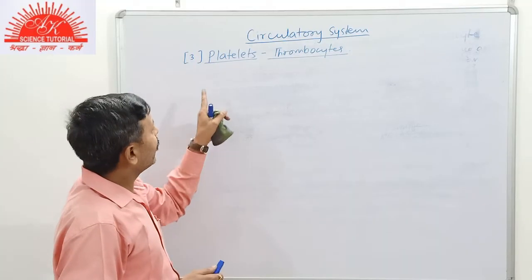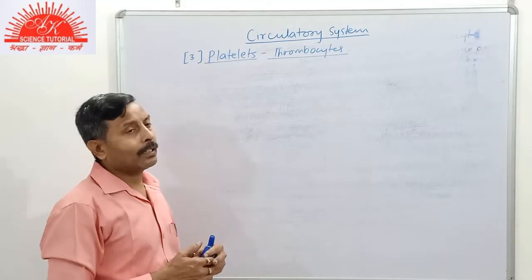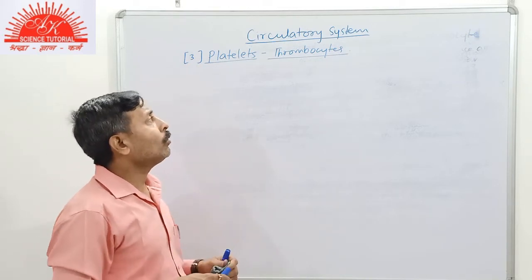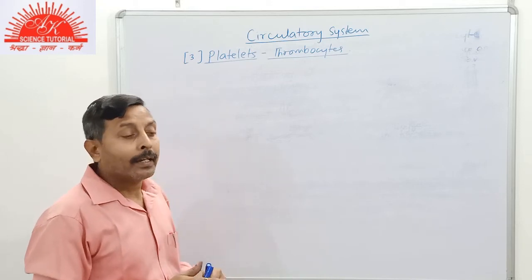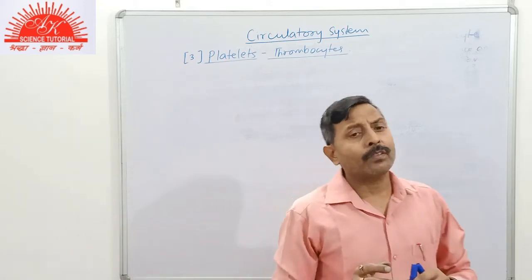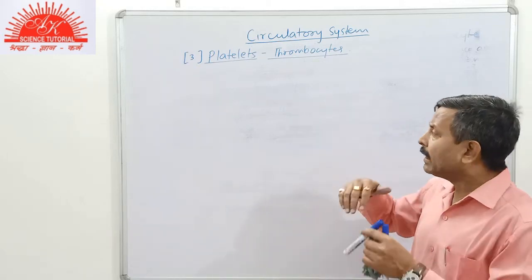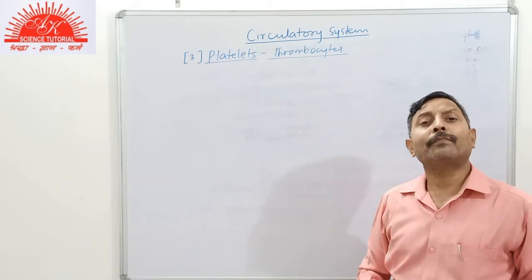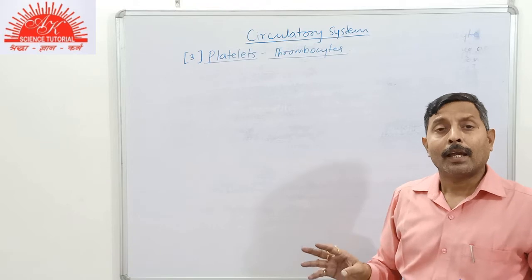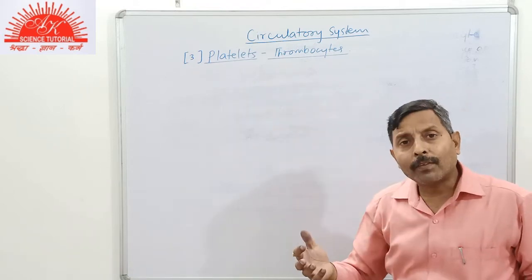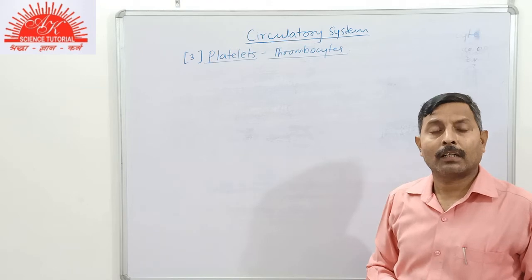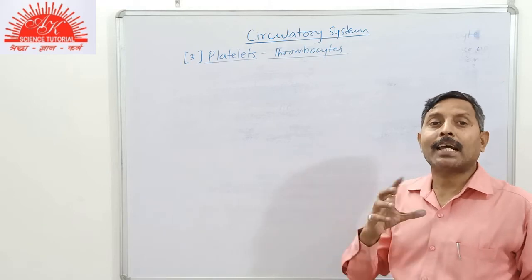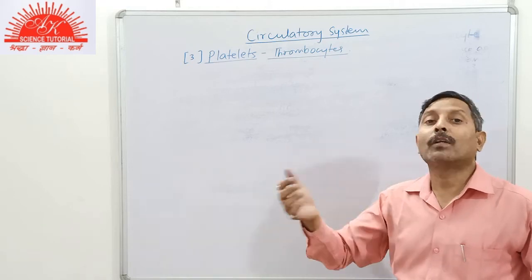Okay? Students, the next component of the blood, the formed element, is the platelets, also known as thrombocytes. It is sometimes also called a non-cellular component of the blood because it does not contain a definite nucleus. It has no nucleus because platelets are not formed by cell division. Actually, they are fragments of some large giant cells present in the bone marrow.